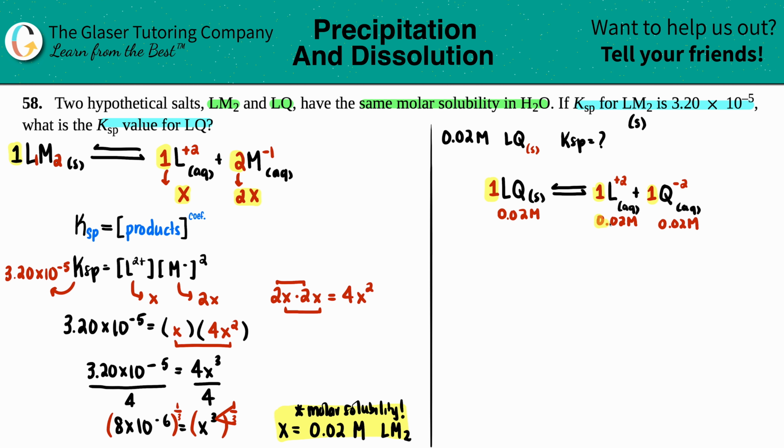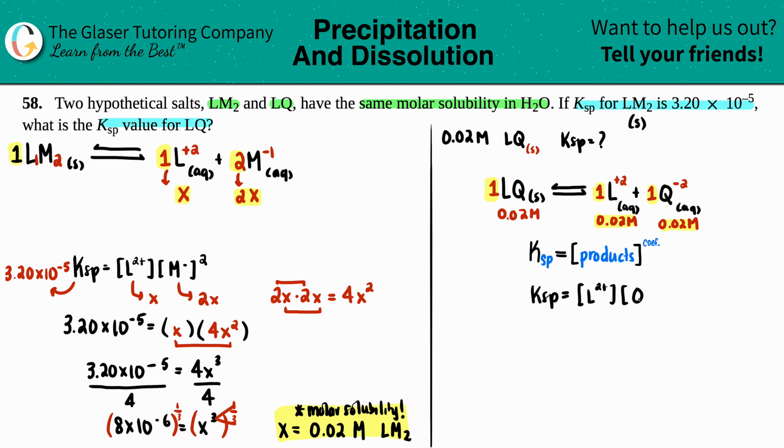Now, because we know the values, this is what's going into our KSP equation. Remember, the KSP equation, if I just bring this over, is just products raised to the coefficients. In this case, it would be KSP equals the concentration of L 2 plus times the concentration of Q 2 minus.